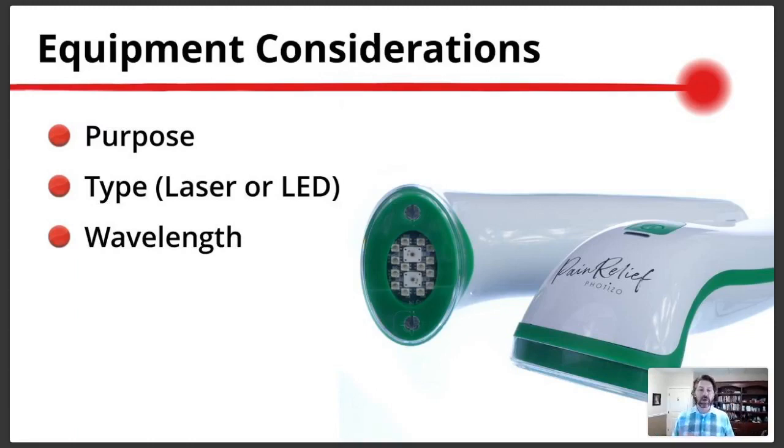When you're dealing with pain, if you're not doing laser acupuncture, then my recommendation is go with an LED device. Laser acupuncture devices, that's when you treat an acupuncture point for a specific reason to have a remote effect or sometimes a local effect. And if that's your purpose, then a laser is the best thing, hands down.